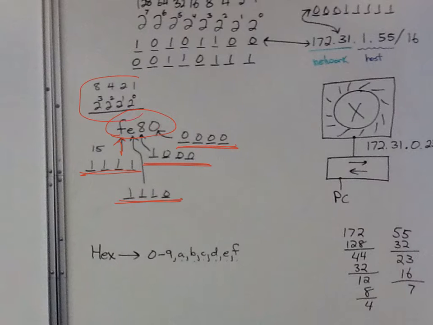What you can do for any hex, you can use this little pattern right here, and then just add them up. So if you had a B in hexadecimal, a B would be 8, 9, 10, 11, so that would be a B.